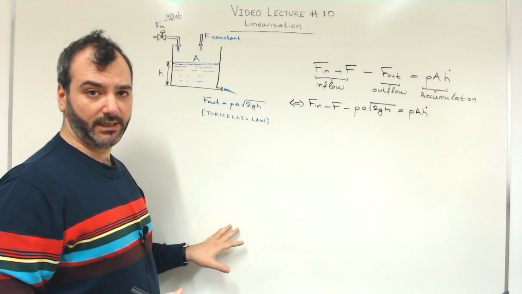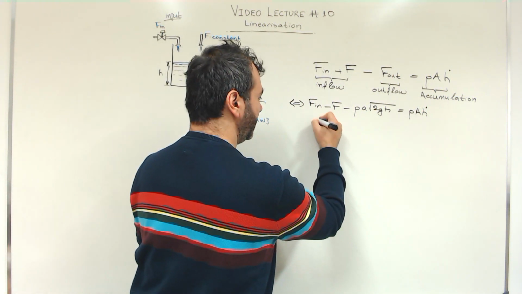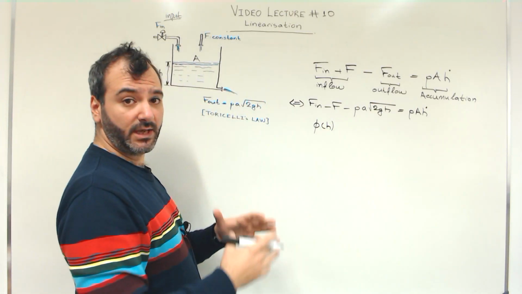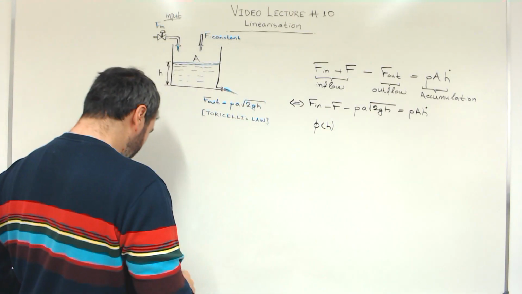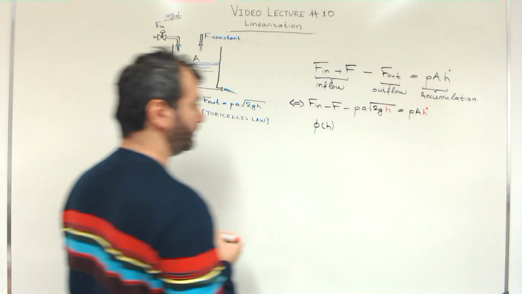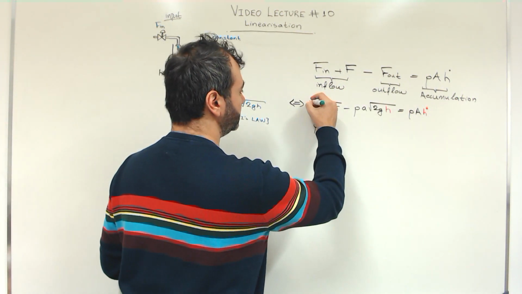And equivalently, we can write this. This is not a linear function because we have the square root here. We have this nonlinear component. We have this function of h. h is a state variable, and f in is the input variable.